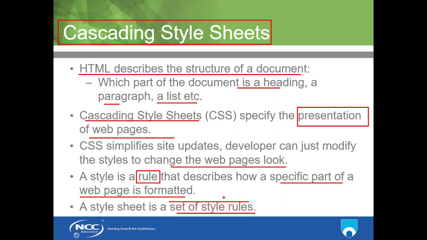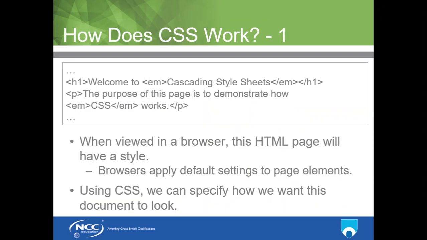You can even place things on different parts of your web page, what we call floating or positioning. So those are some of the things you can do with CSS. But even more, you can animate your web page using CSS. And we're going to be looking at some of those things that I've just mentioned.